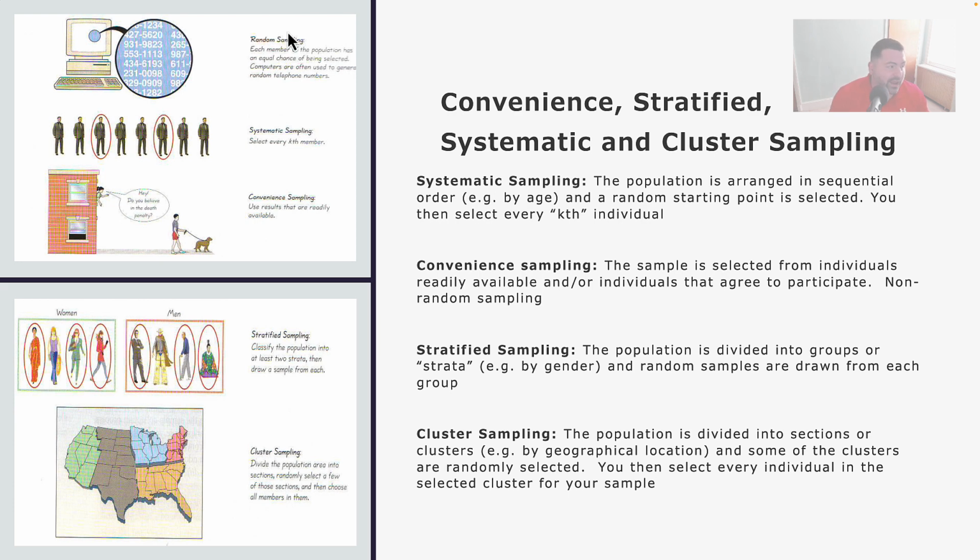And then lastly, we have something that's called cluster sampling. In this case, the population is going to be divided into different clusters based off of geographical regions, for example, or some other metric. And then we randomly select from the cluster. A lot of times this happens with voting, right?